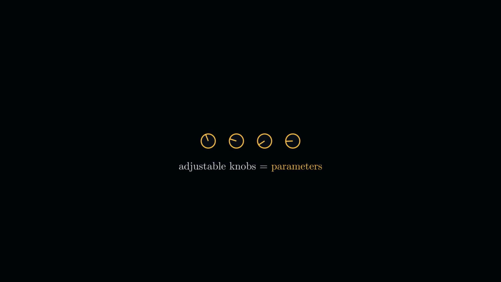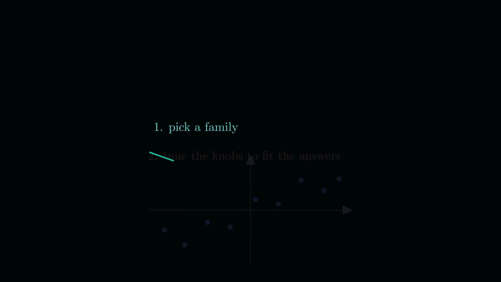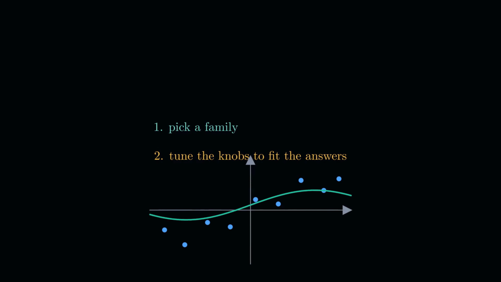And every family comes with adjustable knobs called parameters. A straight line has exactly two. A large language model has hundreds of billions of parameters. So, learning the mapping really means something concrete: pick a family of functions, then hunt for the precise settings that make your approximation line up with the answers you already have.